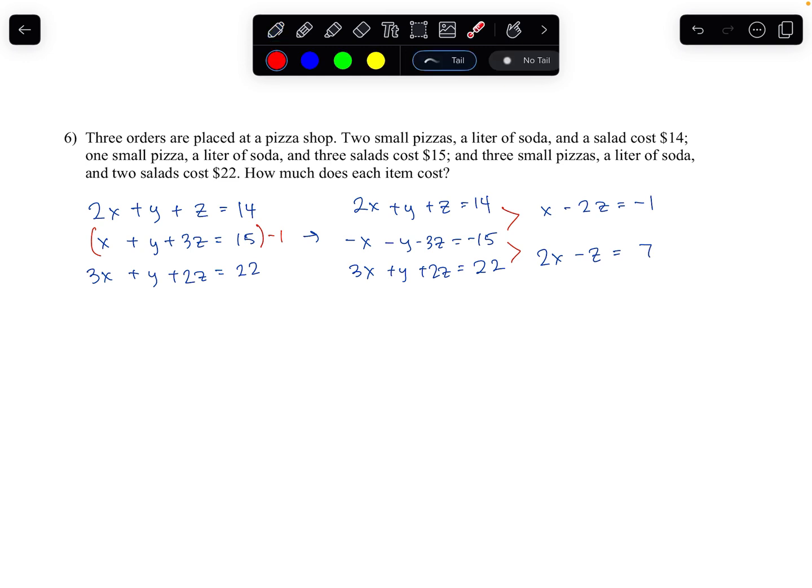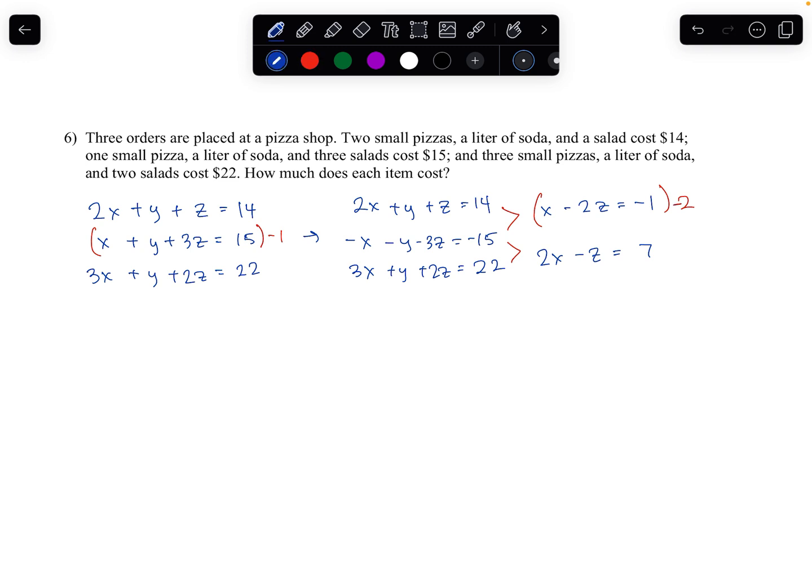So now I have two new equations right here. And I'm going to eliminate one of the variables in these equations. It doesn't really matter which one you pick, but let's just say I multiply this one by 2, but we got to make it negative.